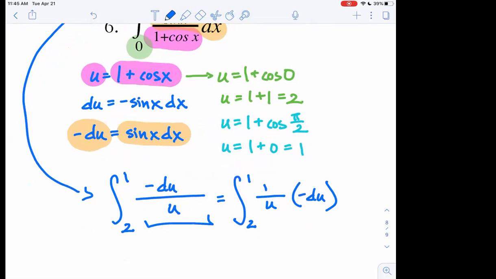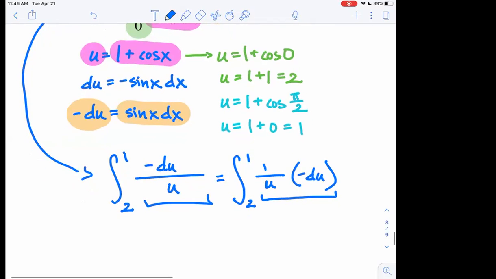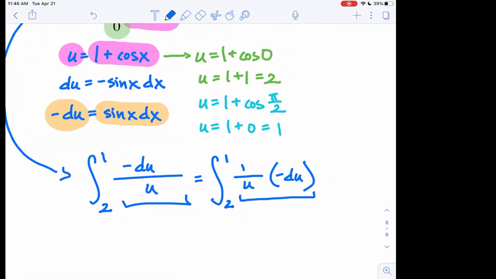Some textbooks do it like this. My guess is because they can fit more problems on the page because it takes up less space, okay? But I also want us to know that it's the same thing as multiplying the 1 over u times a negative du, okay? Now we're going to do 2 things here. We're going to take that negative sign and bring it out to the front.